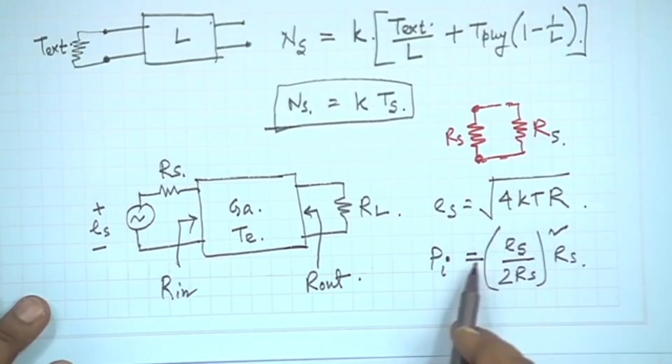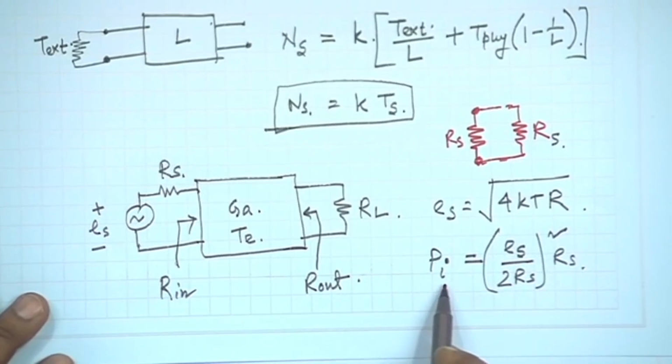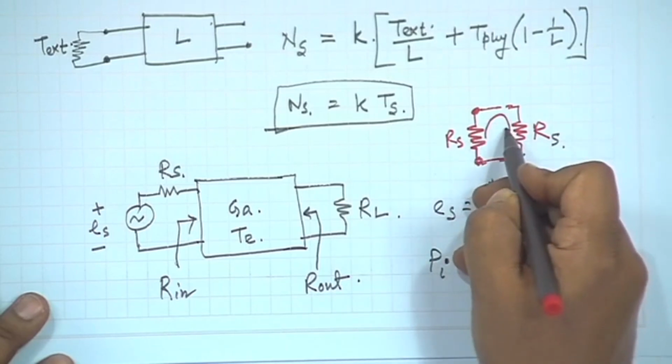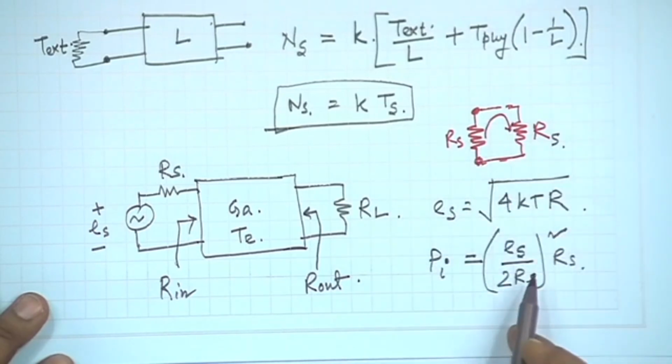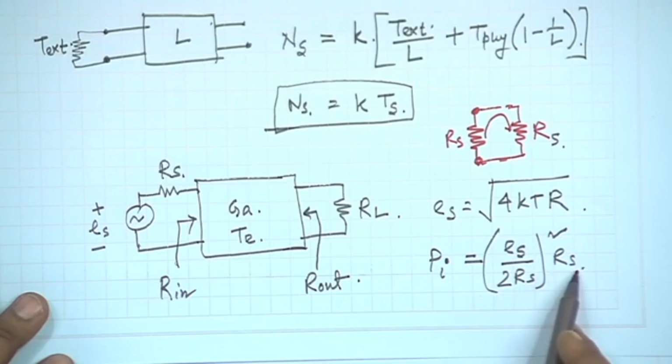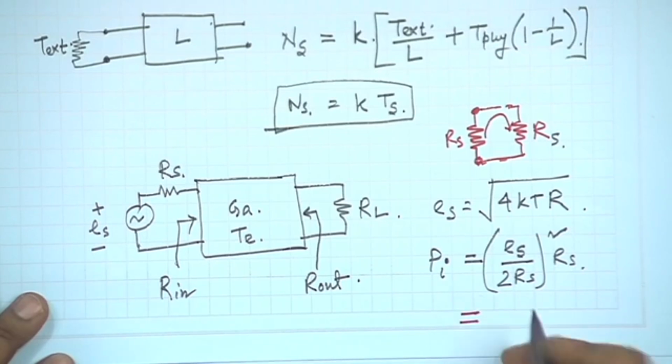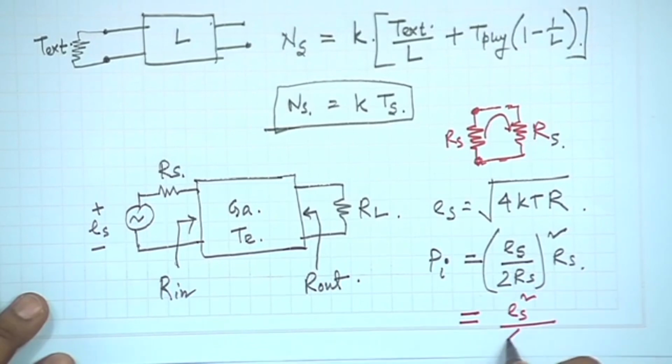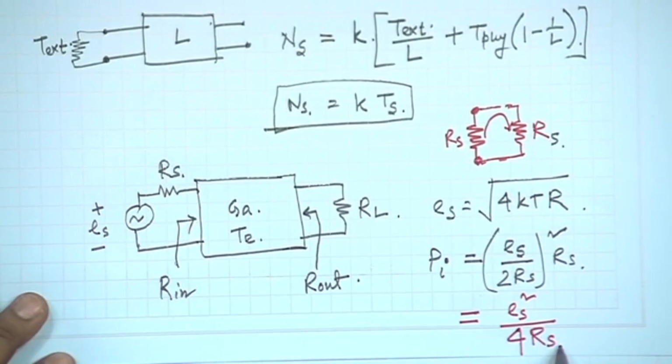So, in that case, if I want to calculate Pi, this is simply I square into R, where the current flowing through it is ES by twice RS, whole squared, multiplied by RS. We can write this as ES square divided by 4 RS, as RS cancels out, and this is equal to KT, which we have already seen.